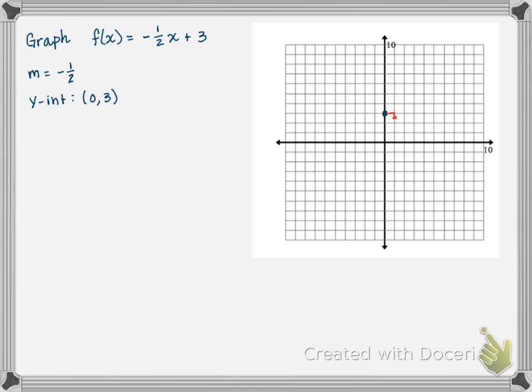However, notice I'll be on the same line if I take 2 steps instead of 1, right? Or 4 steps or 20. And it's a lot easier to use integers than to try to count off the fractions, right? So if it's a fraction like this, instead of thinking of it as a whole number and then 1 to the right, we can remember that the slope is the change in y over the change in x.